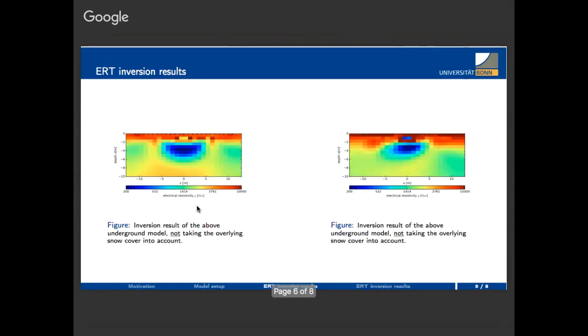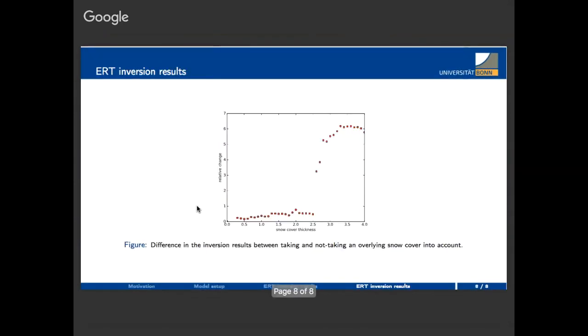So this left image that it does compare, and the right image, and this for every snow cover thickness you see there. So when you got like 2.6 or so, you already see this effect happening. But this is specific for anomaly mass lying in the depth of 2 meters.